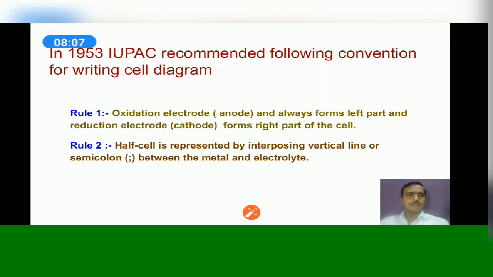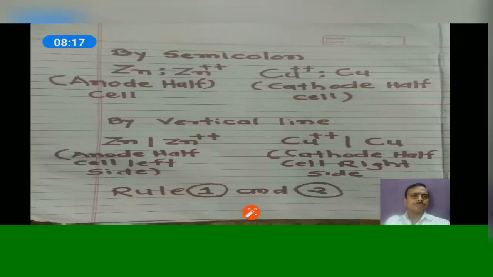Rule number two: a half cell is represented by interposing a vertical line or semicolon between the metal and the electrolyte. Now see rules one and two. The half cells are separated by a semicolon or a vertical line.